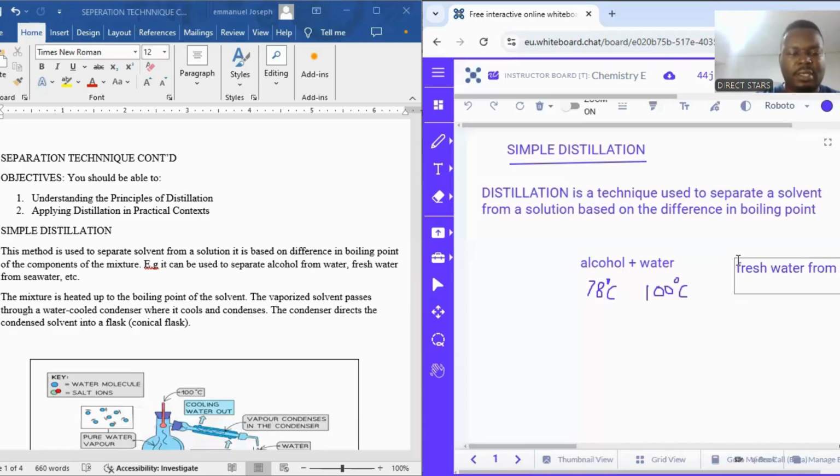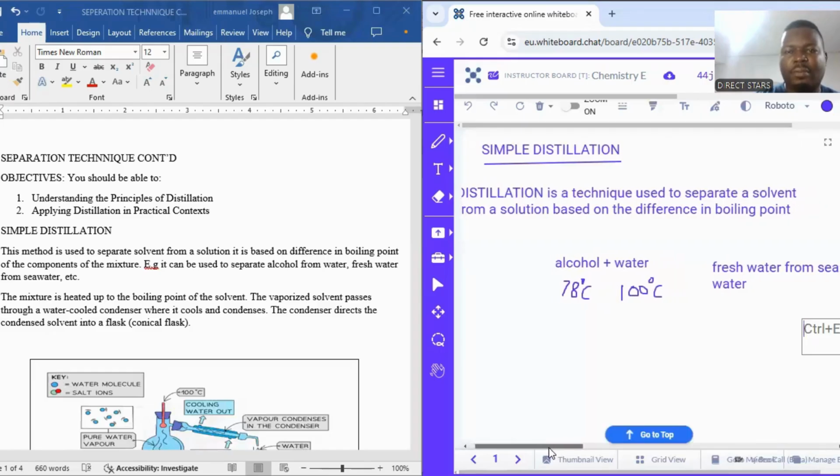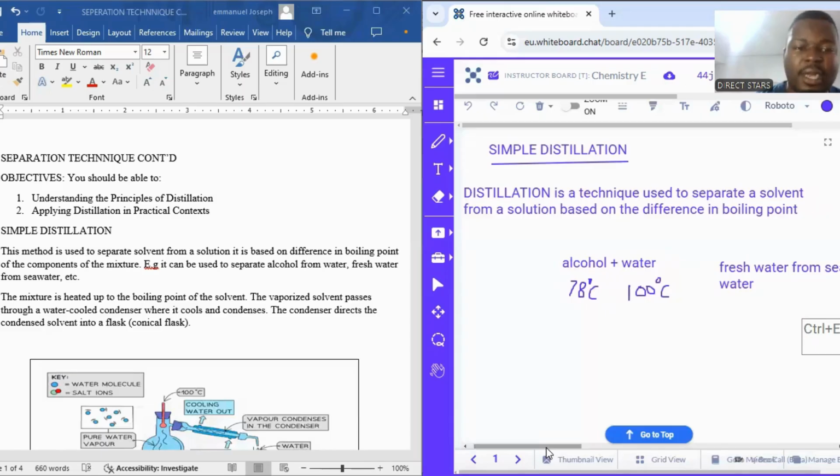Let's look at other mixtures that we can get using this technique. The fractions in your petroleum can also be isolated using the same technique, though that one is a more sophisticated setup that will require a fractionating column, because the boiling points of these components are of narrow range.